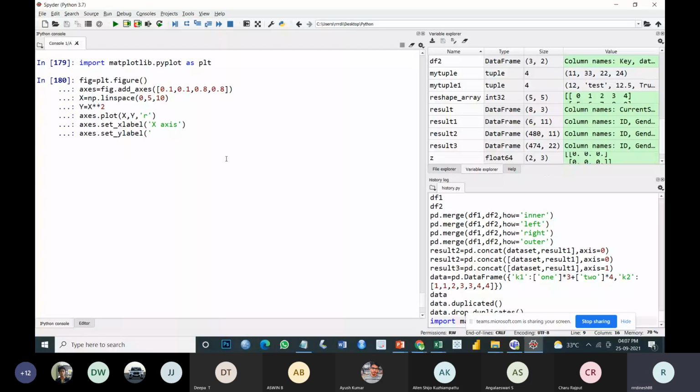Then axes.set_title, and draw the simple line graph.